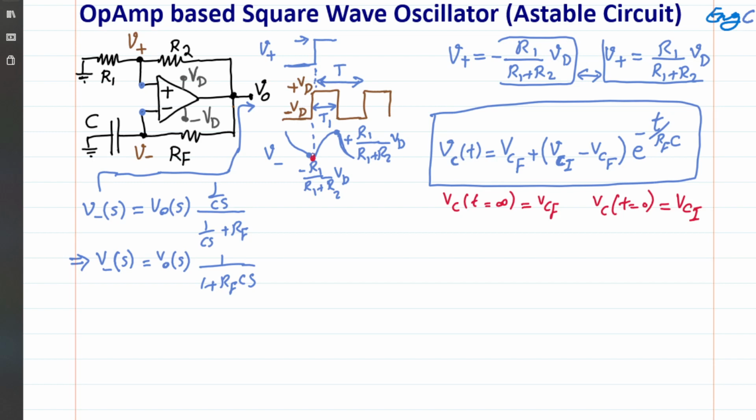When you are at this point, the voltage of the cap, assuming you think of the cap like this with this definition of voltage, is our VC(t), the voltage of the cap at time t with this sign.